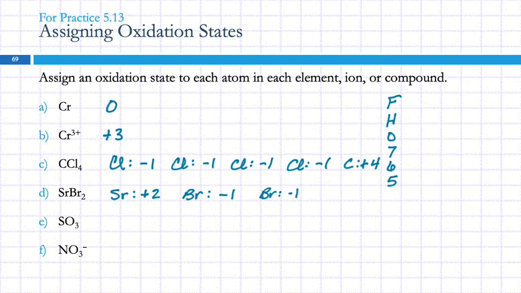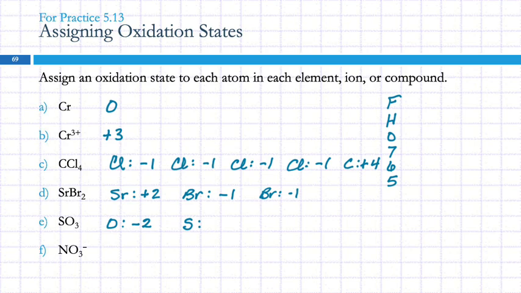So we have 2 nonmetals. We're going to go Fe765. So there's no fluorine, there's no hydrogen, there's oxygen. So what is the oxidation state for oxygen going to be? -2. The same as the charge on an oxide ion. And so each of the oxygens is a -2 oxidation state.